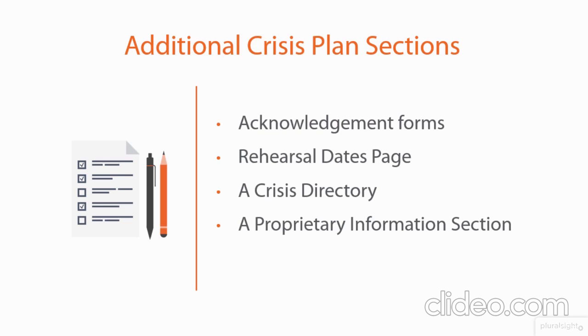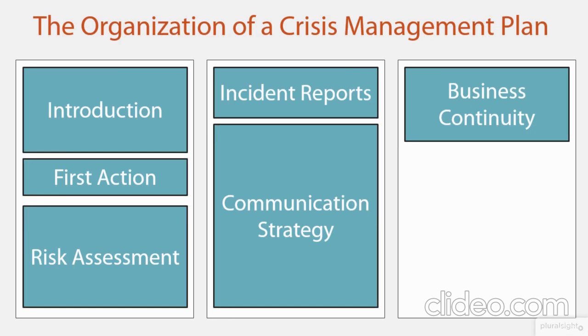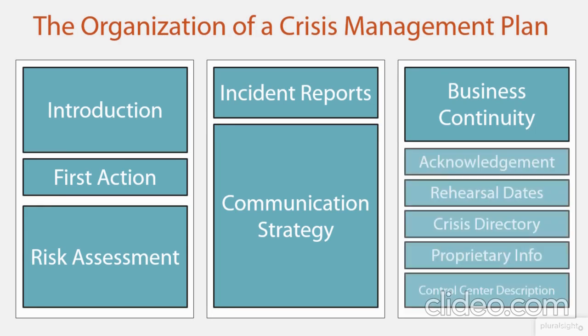Finally, some document plans have a Crisis Control Center description, which describes features that meeting place locations in the event of a crisis need to contain in order to be considered functional. These documents, since they're generally considered supplemental, often go at the back pages of a crisis management plan.